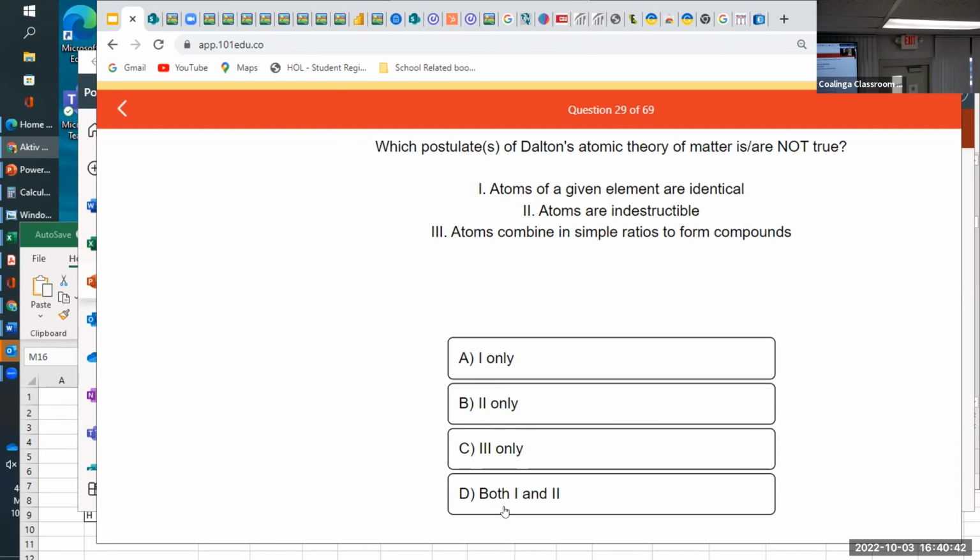In other words, it can't be broken down if it's indestructible. What qualifies as indestructible? Indestructible meaning that it can't be broken down into individual parts or just broken down in general? It can't be broken down.